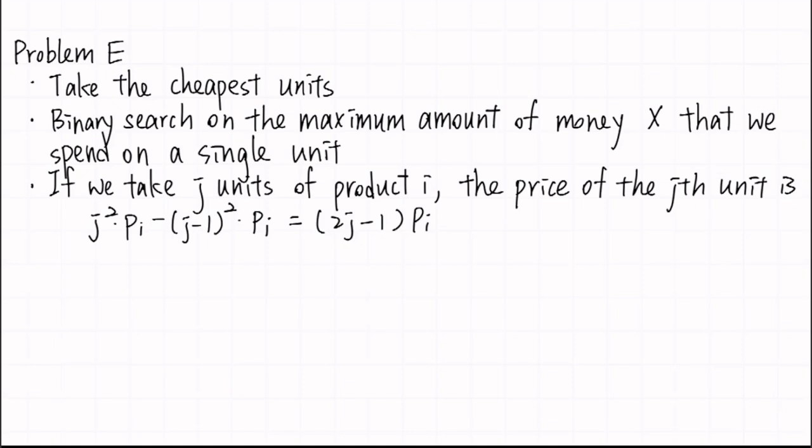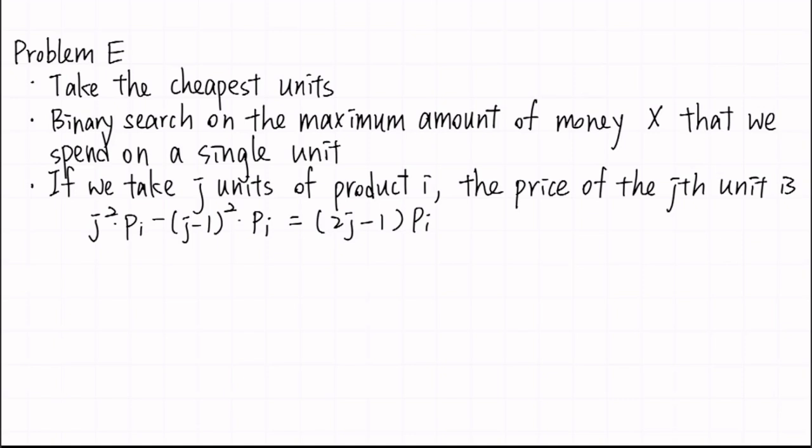So for this problem, if we want to take the maximum number of units in our limited amount of money, we need to take the cheapest units. So since we can take the cheapest units, we can perform a binary search on the maximum amount of money X that we can spend on a single unit of a product.